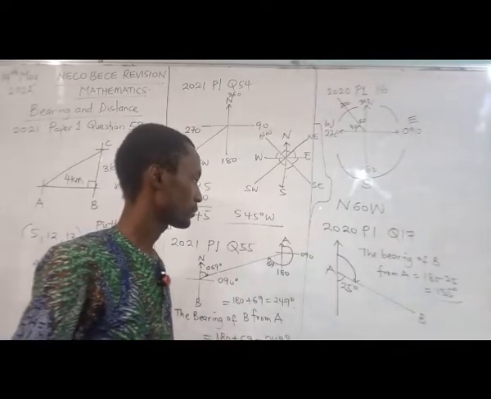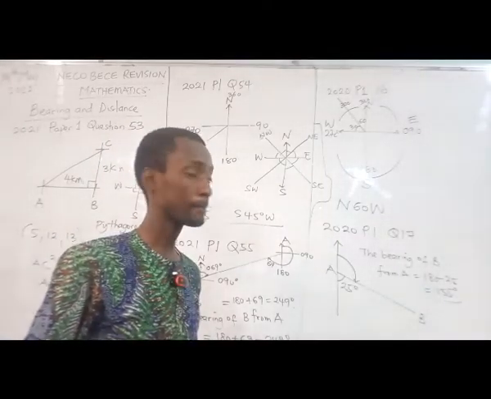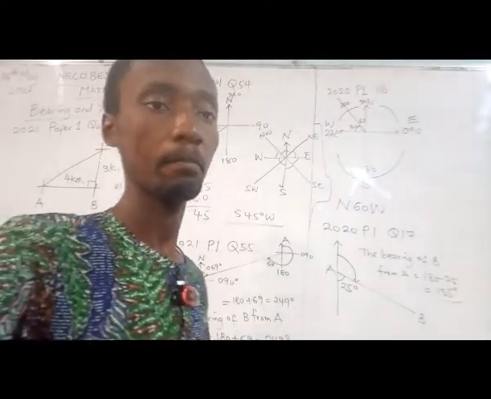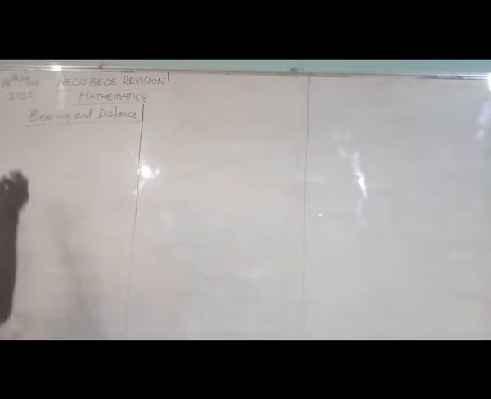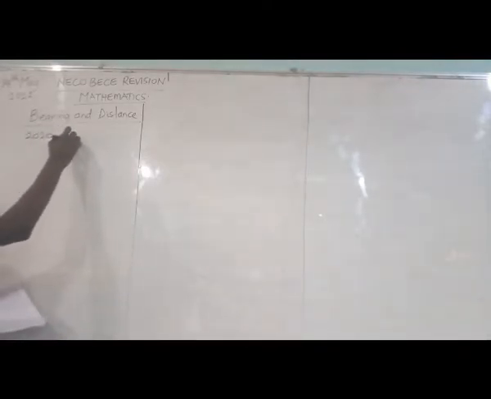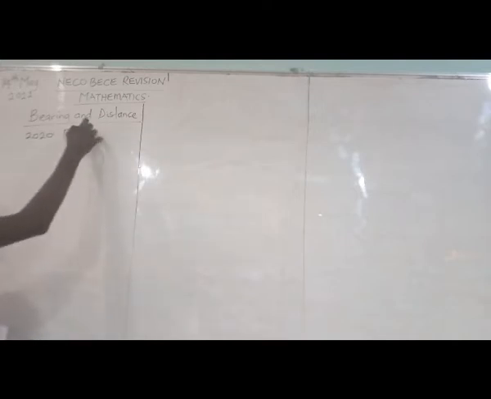So let's copy that. Let's go to question, that's 2020 using my coding system, paper 1, question 18. Now look at the diagram you're given.